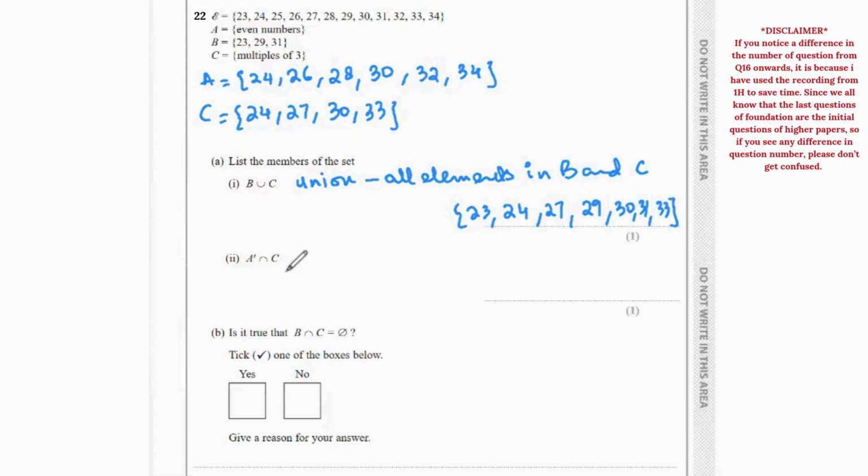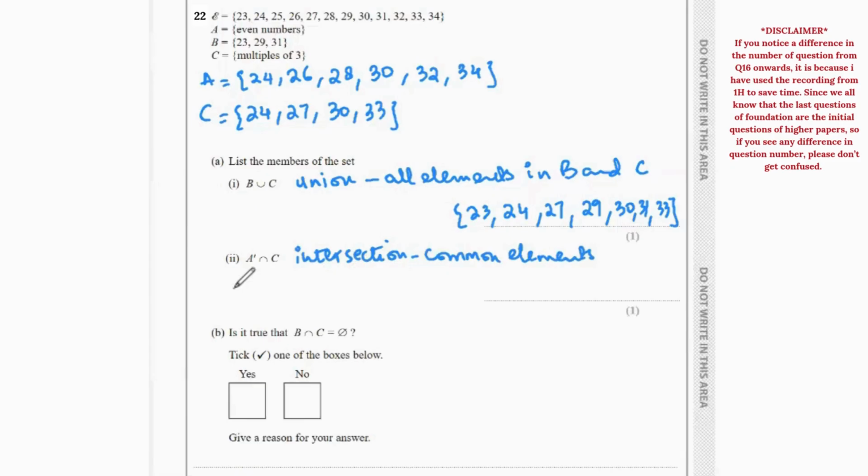Then it says A complement intersection C. So intersection means common elements, and complement means elements that are not included.